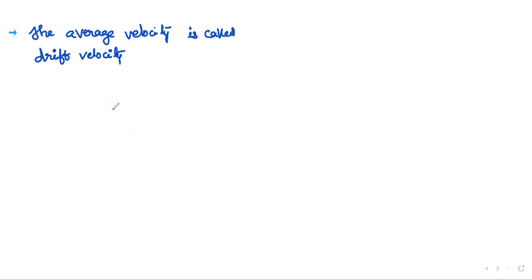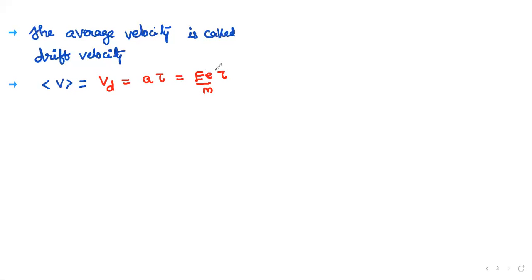So what is drift velocity? If they ask in objective exams, we write like this: Vd equals the average velocity, that is equal to a into tau. A is what? Already we wrote, it is E by m into tau.